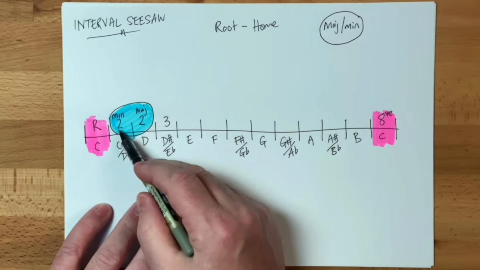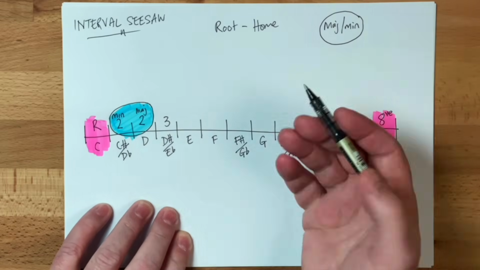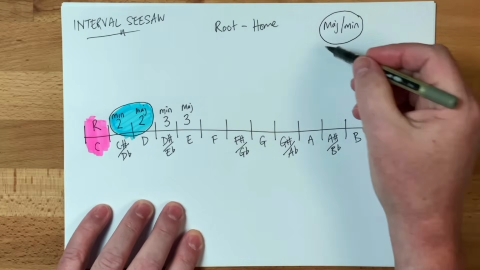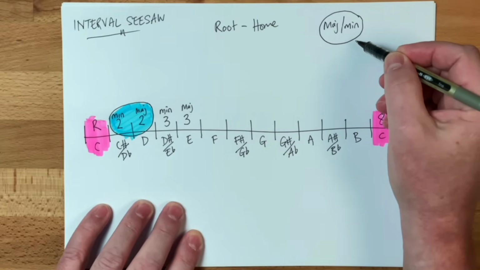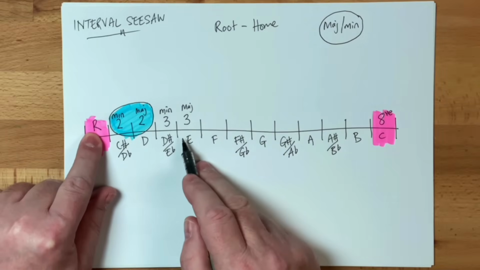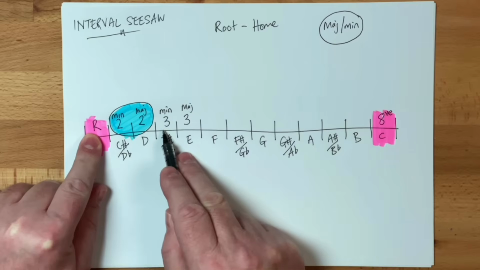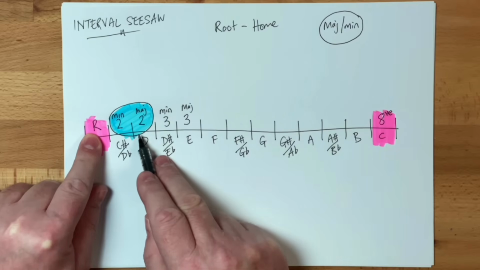And just like the minor and the major second, we get a minor and a major third. This follows the rule that majors and minors are neighbour notes. Notice that the distance between the root and the major third is bigger than the distance between the root and the minor third, and the same applies to any other minor and major interval distance.